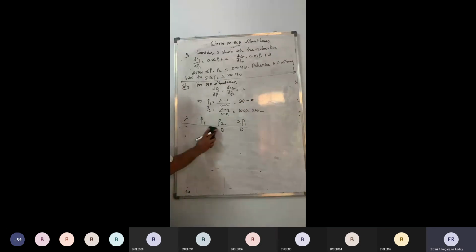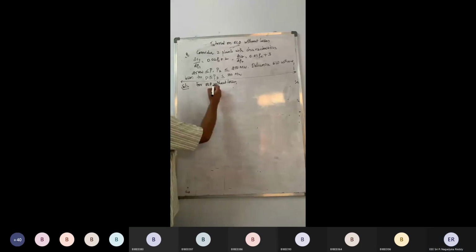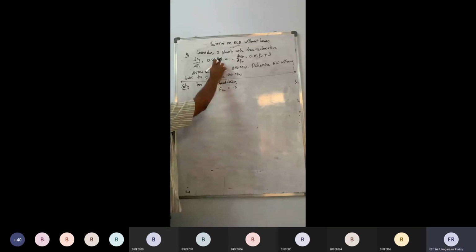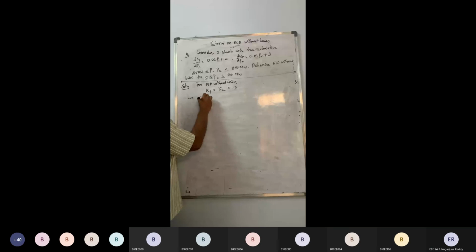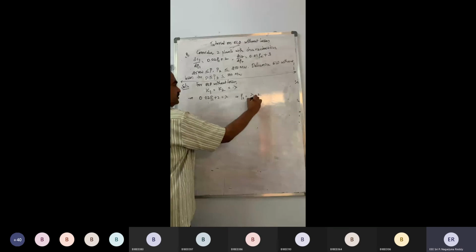Getting back to it again. For ELD without losses, your condition is IC1 is equal to IC2, and this is some random value lambda. IC1 is already given for you. So equating to lambda, I will get P1 is equal to (lambda minus 2) by 0.02.